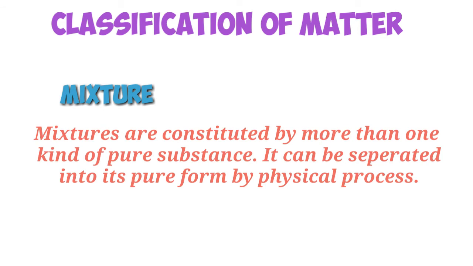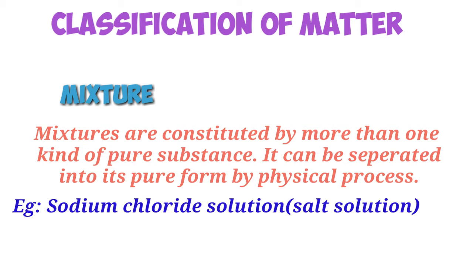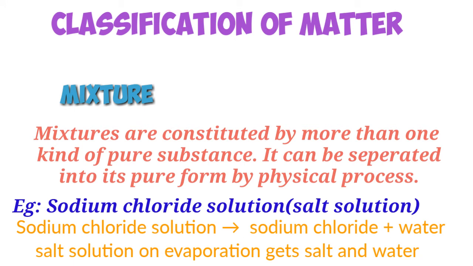A pure substance cannot be separated into other kind of matter by any physical processes. But mixture can be separated into its pure substance by physical method. For example, dissolved sodium chloride, or we can say that sodium chloride solution can be separated from water by physical process of evaporation. That is, sodium chloride solution on evaporation you are getting sodium chloride plus water.